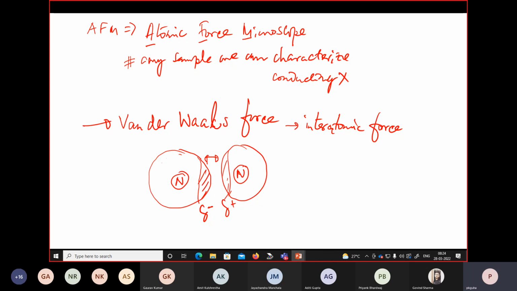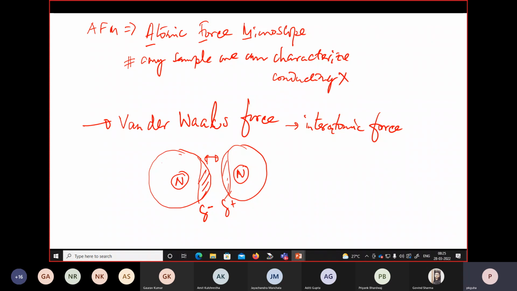This is a very fundamental force. Now this force is attractive in nature. In the next instant, the charge localization can take place in a different position, which creates induced localized charge in a different position, and thus the overall nature of this attraction is that there is basically no bond formation.